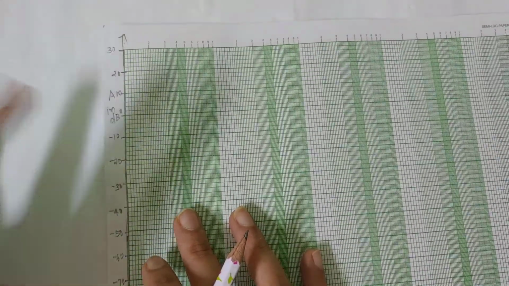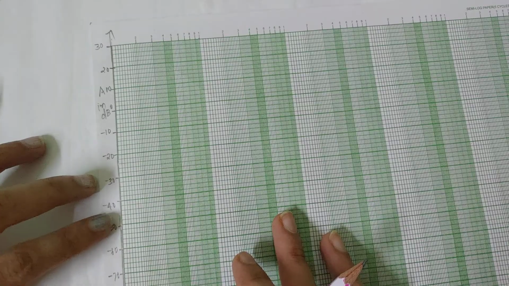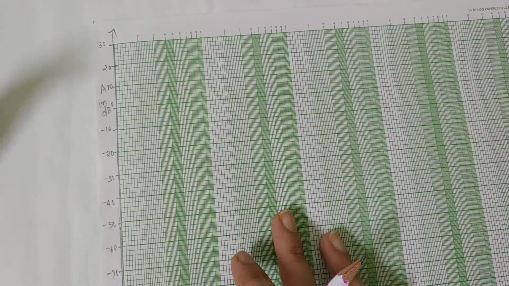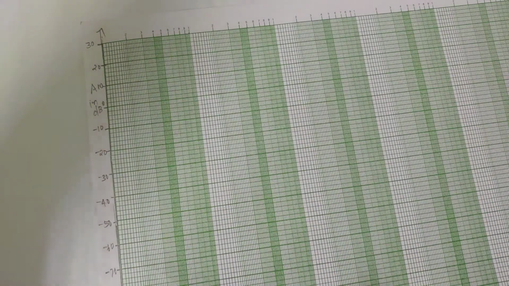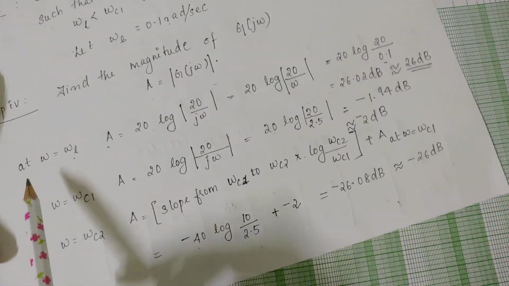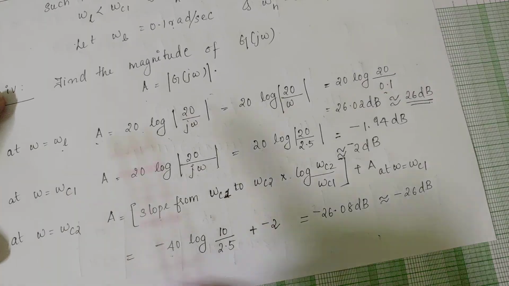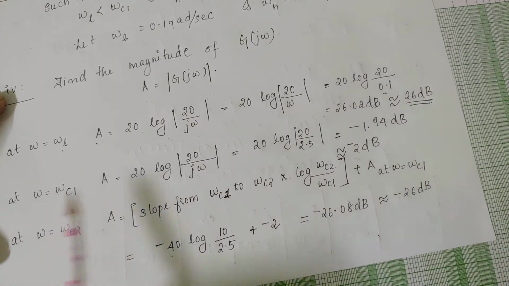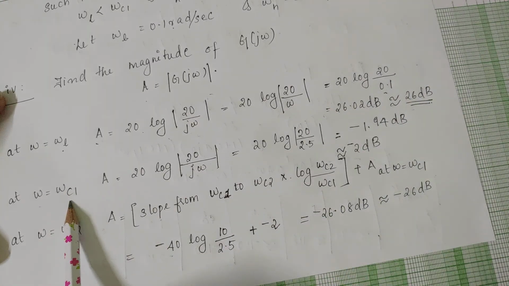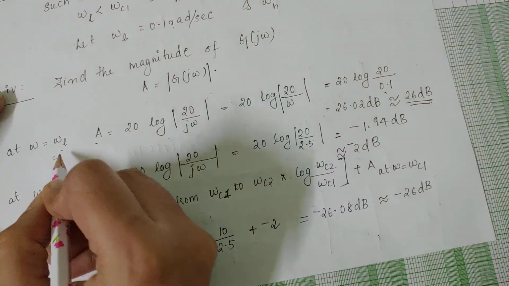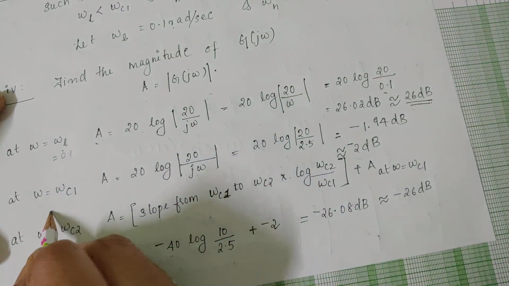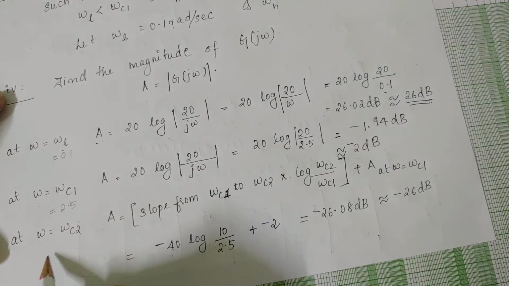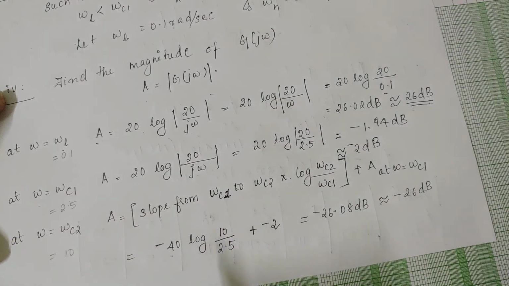Similarly, you can take the values. For omega is equal to 0.1, that is omega L, you have 26 dB. When omega is equal to omega C1, okay, this is 0.1, this is 2.5 and this is 10.